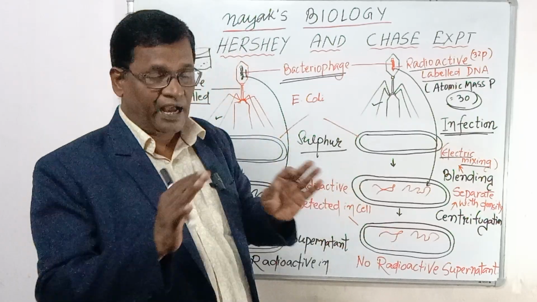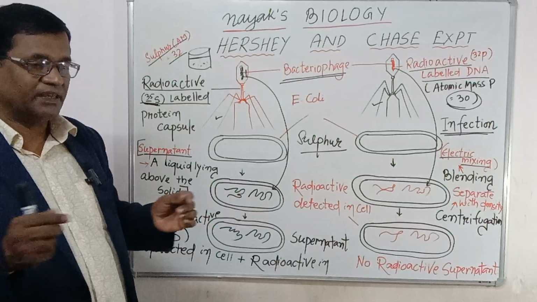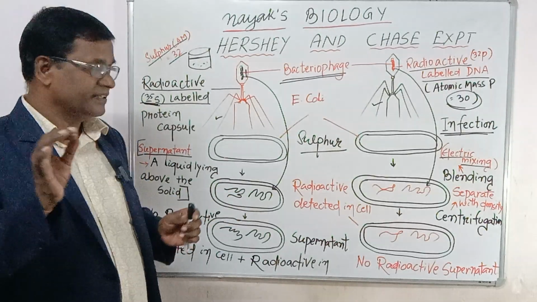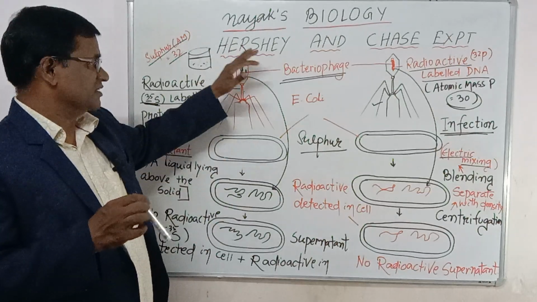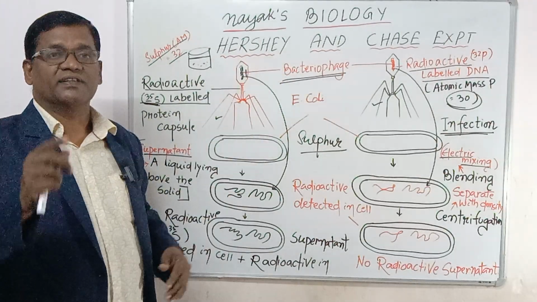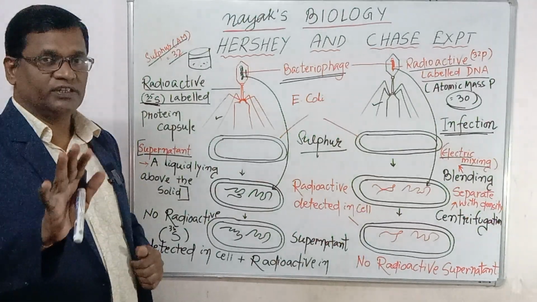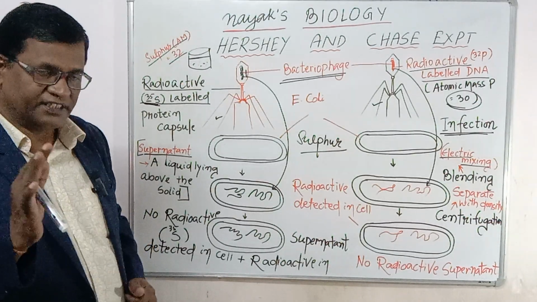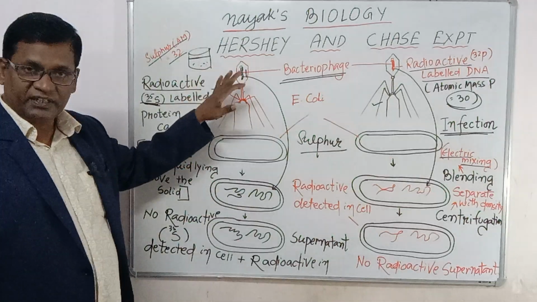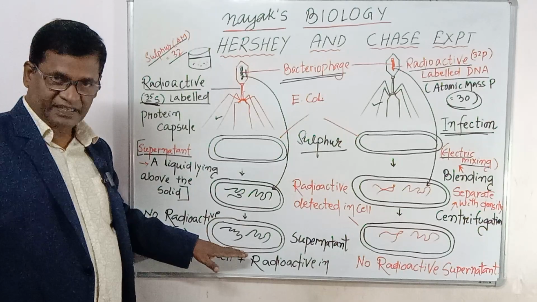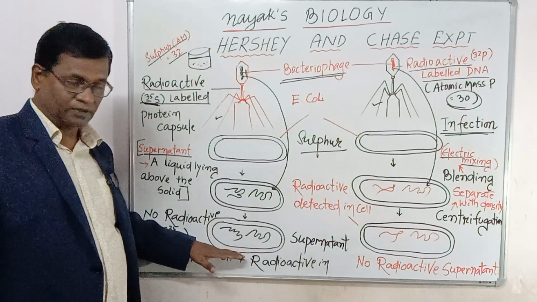I conclude my video with a few words by which we can clear the concept. Hershey and Chase wanted to prove whether DNA or protein is the genetic material. When they made the protein radioactive, it was not seen in the bacterial cell after centrifugation.